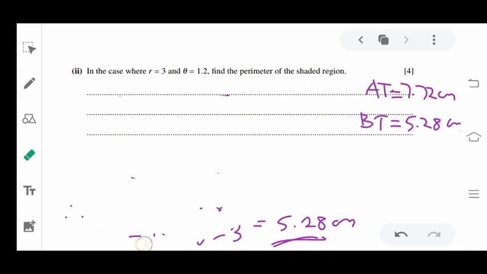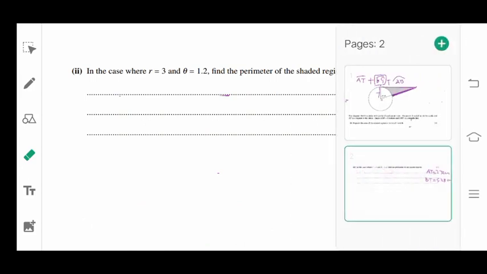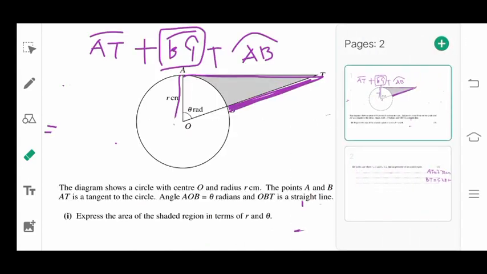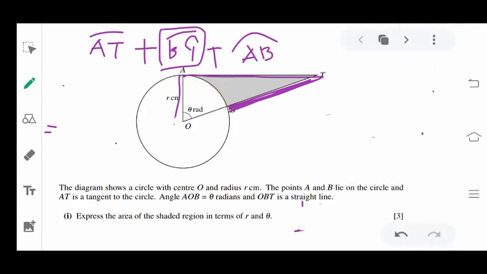So to find the arc length, remember the formula r theta, where r is 3 centimeter and theta is 1.2.